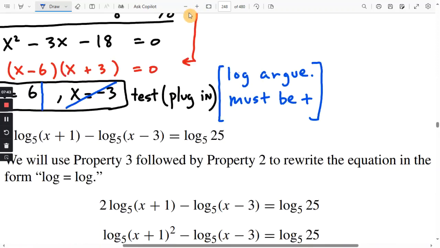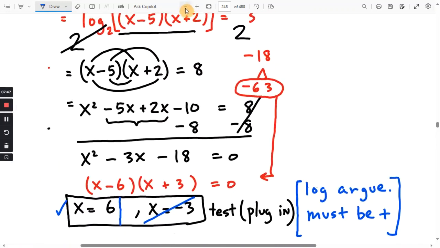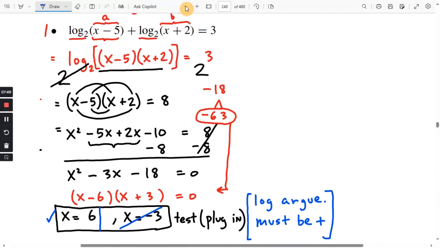In other words, the thing you're taking the log of must be positive. So that's it right there.